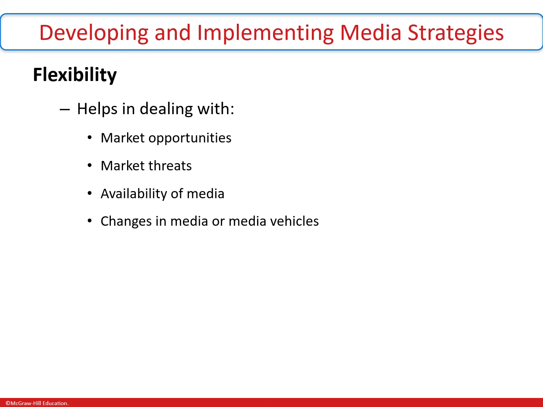Also, you want to consider any changes in the medium or a particular vehicle that may require a change in your media strategy, meaning to use or not to use a particular medium. Because what if ratings fall steeply? There is a shift. Then you might want to make sure that you are making some changes to your strategy in order to counteract those changes or make sure that your strategy is responsive.